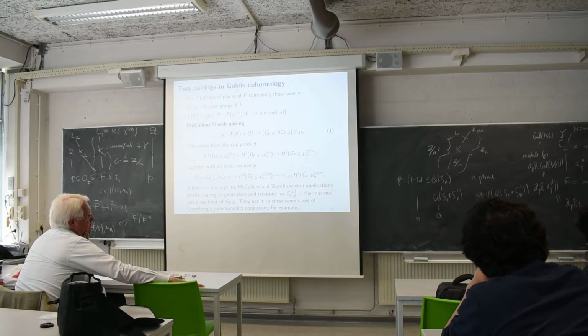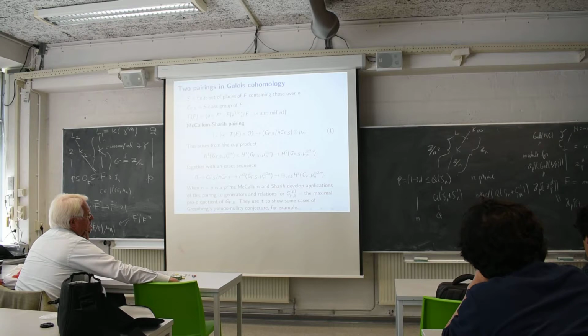And what Greenberg's conjecture says is that not only is this a torsion module, it's supposed to have trivial localization at every codimension 1 prime. It's pseudo-null. So that's sort of the first step in trying to understand Iwasawa theory beyond localizations at codimension 1 primes.